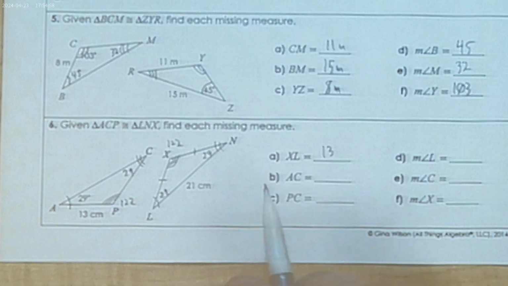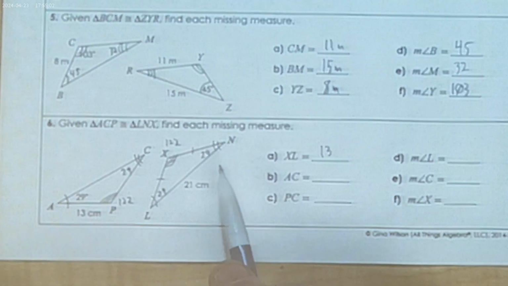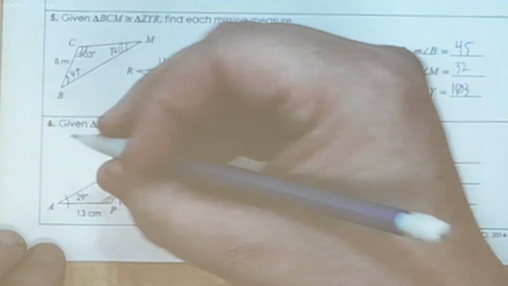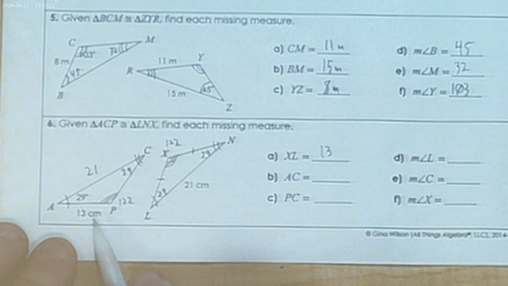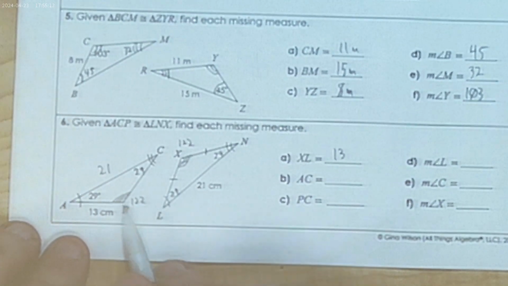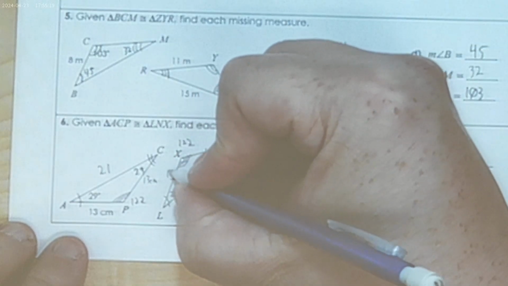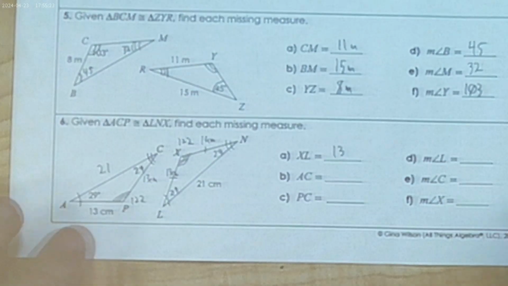I also know that between reference angles 1 and 2 is going to be 21 centimeters. And between reference angles 1 and 2, this one's also going to be 21 centimeters. But this is going to be 13, but this is also going to be 13 centimeters. Each of the sides is also going to be 13 centimeters. So there you go.